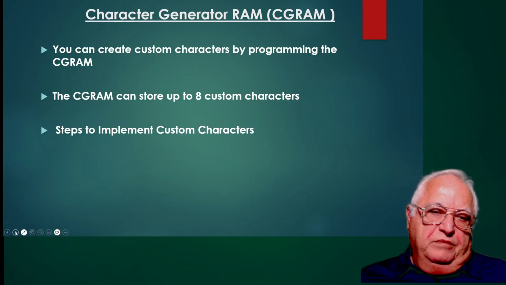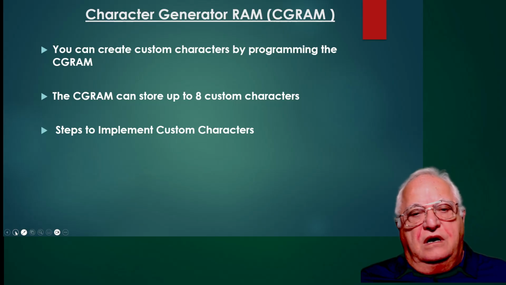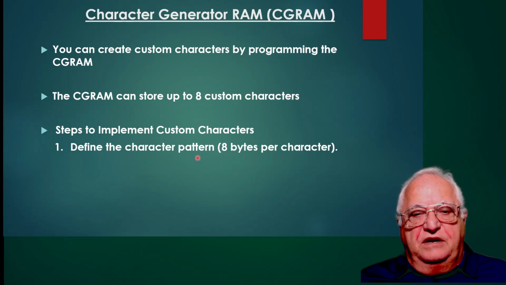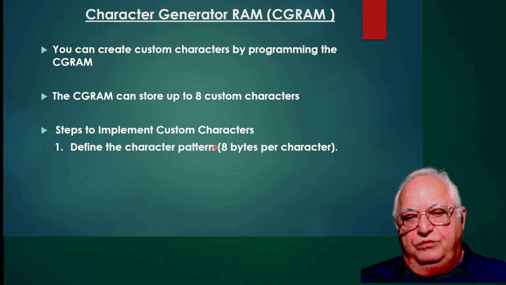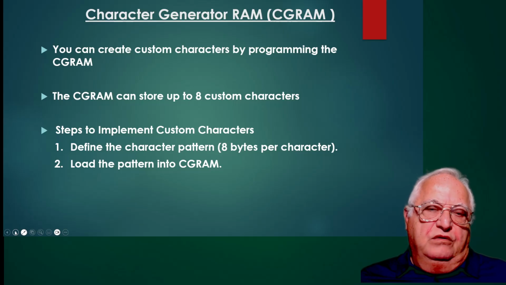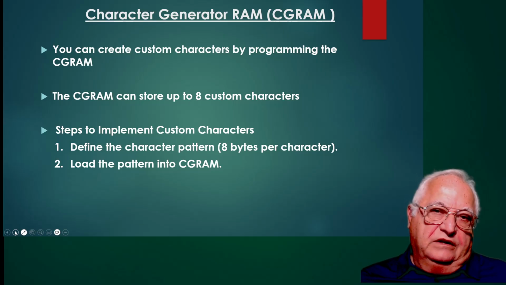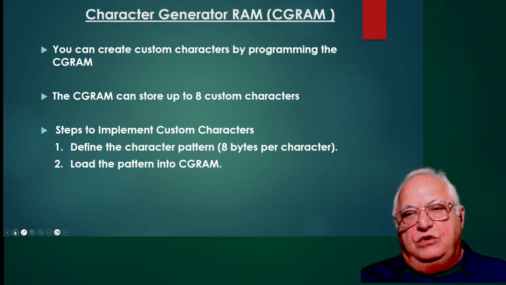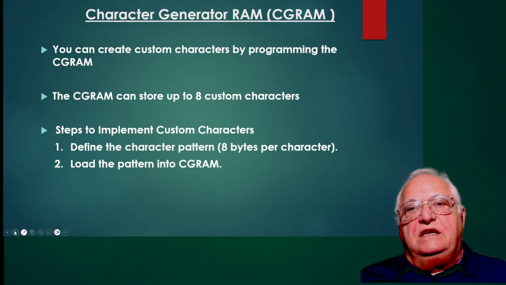So the steps to implement the custom character are as follows. First, you define a character pattern. Each character is going to be 8 bytes per character. Next, you have to take that character that you've created in the microcontroller and load it into the CG RAM, which is located in the display.